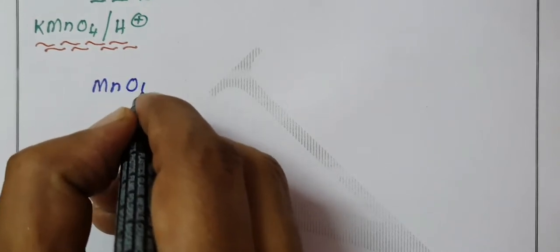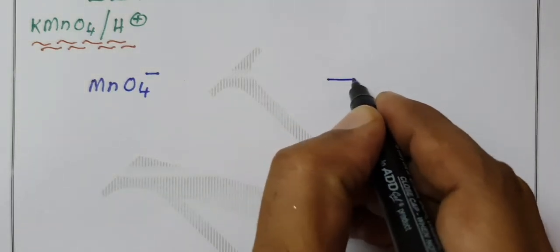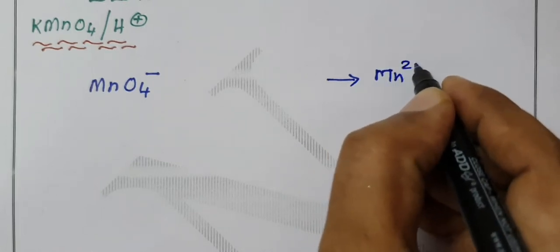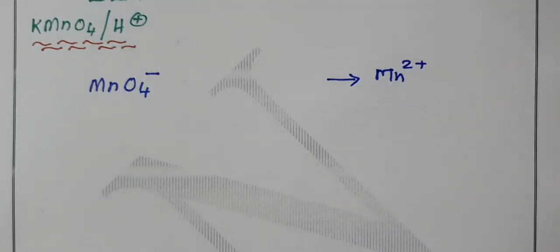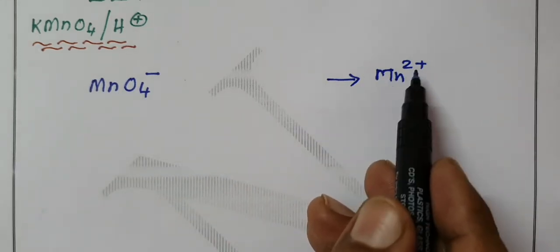In that reaction, in the first step, in acidic medium, the permanganate ion MnO4 minus is reduced into Mn2 plus ion.